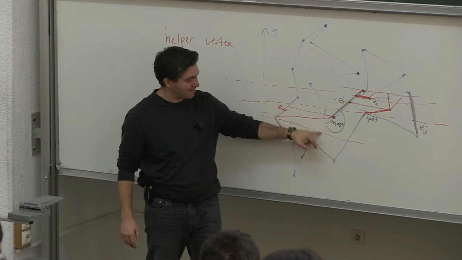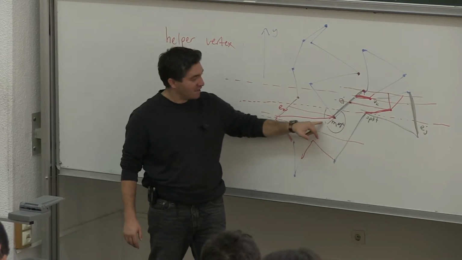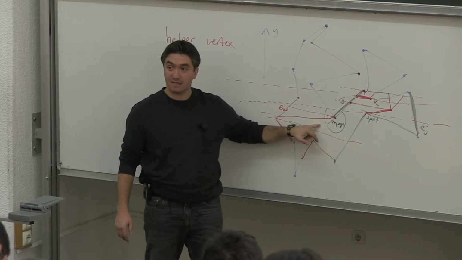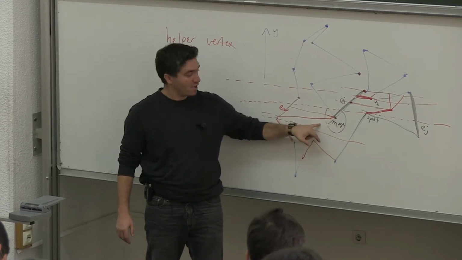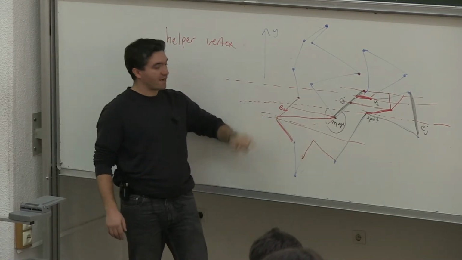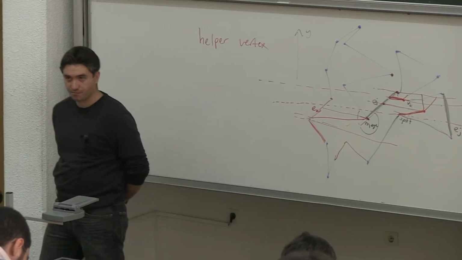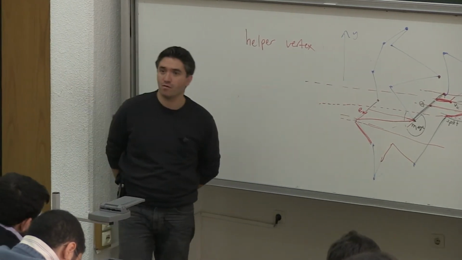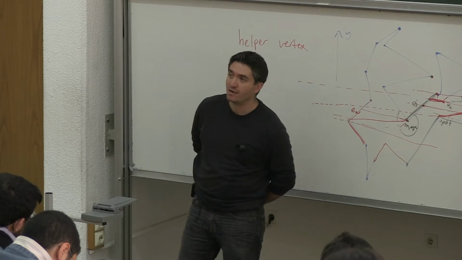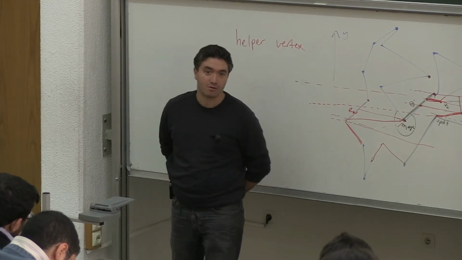If it is replaced, we draw a diagonal between the new helper and the merge vertex. If it's not updated, we draw a diagonal to the end of this edge. After we draw these diagonals, our polygon is split into Y-monotone pieces.